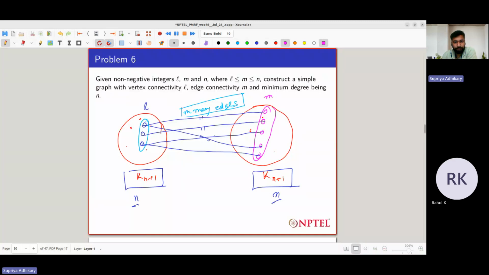And since L is less than or equal to m, we can say that the vertex connectivity is L, because the definition of vertex connectivity is the minimum number of vertices that we need to delete to make that graph disconnected.